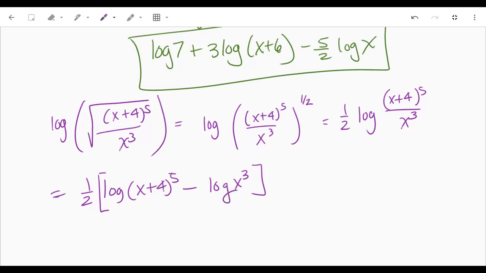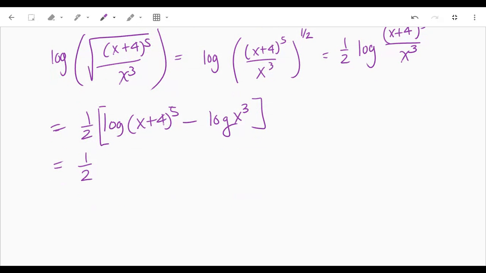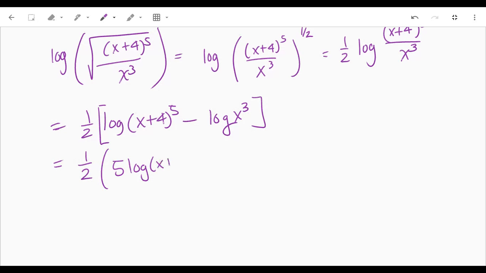And we can get some of those exponents out front. Starting to get messy because my Chromebook's getting slow. Let's see, 5 log x plus 4 minus 3 log x. And then we can finish up by distributing that 1/2.